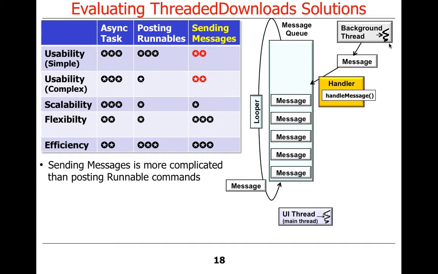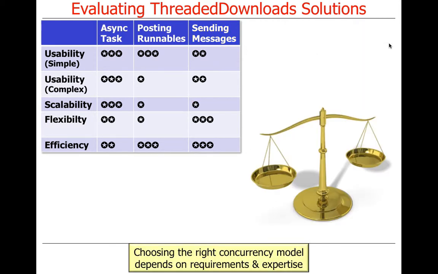You have to coordinate anything having to do with thread pools, and so on and so forth. So as you can see, this is just the classic Consumer Reports kind of diagram. There's nothing here that gets 3 stars, which is the max in this case, across the board. And so depending on what it is you're trying to do, you might gravitate to one model or another. Again, for my money, most of the time, async task is fine.